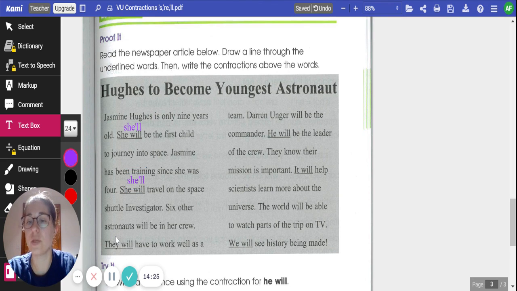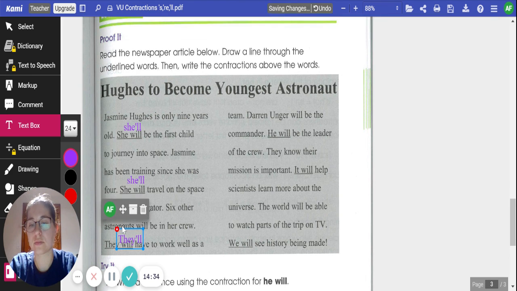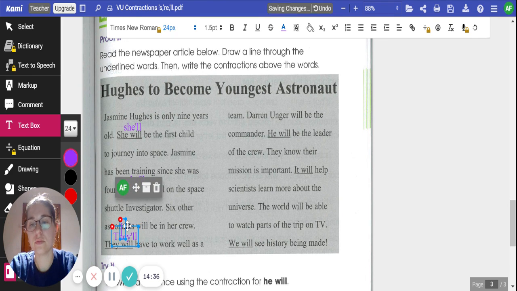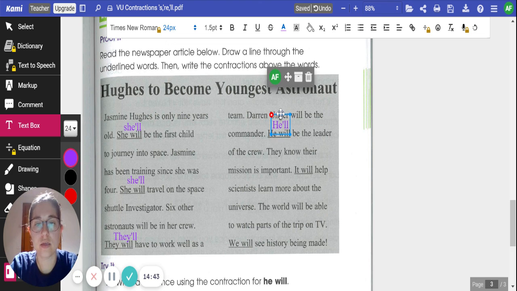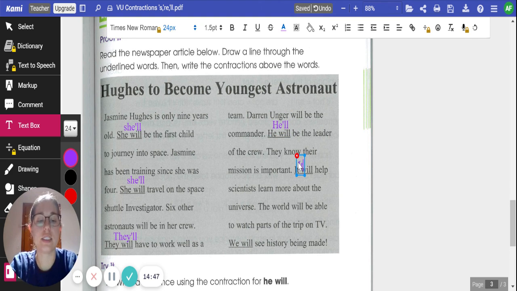They will be they'll, T-H-E-Y apostrophe L-L. He will, he'll, H-E apostrophe L-L. It will, it'll, I-T apostrophe L-L. And we will, we'll, W-E apostrophe L-L.